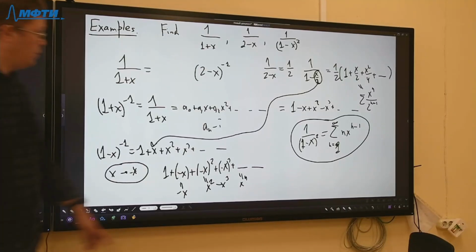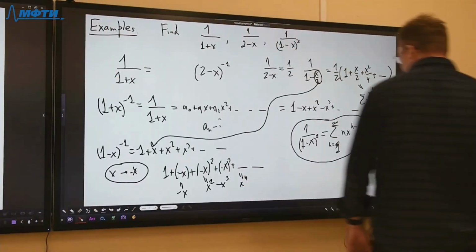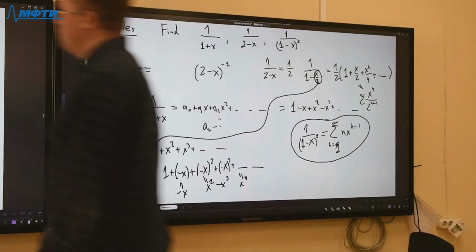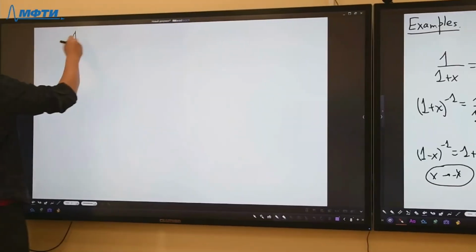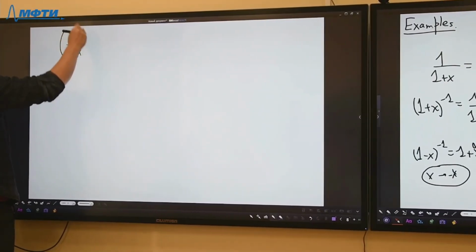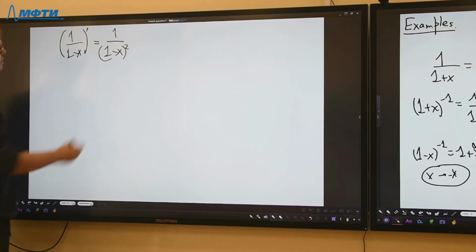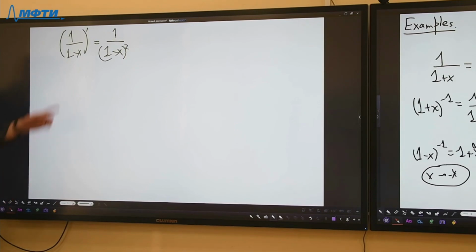So you have two possible ways. First of all, take the derivative of 1 minus 1 over 1 minus x. If you take the derivative here, then you will have exactly this one, because there will be minus 1 minus 1, and so there will be this way.